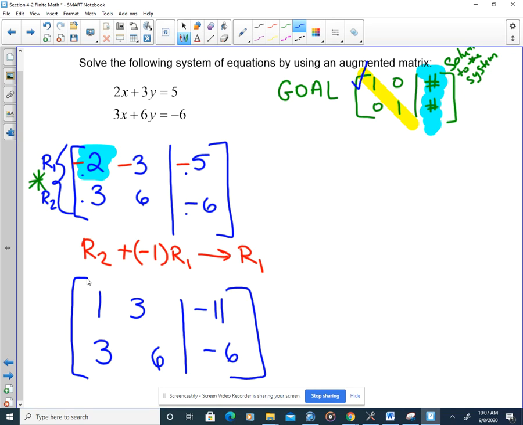We want to change this element right here into a 0 by using our row operations. Okay? We got to think about how can we change that into a 0 without changing anything else.